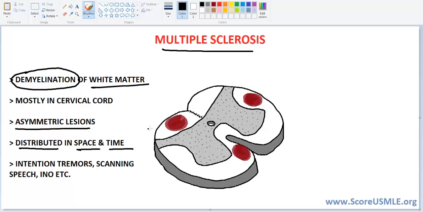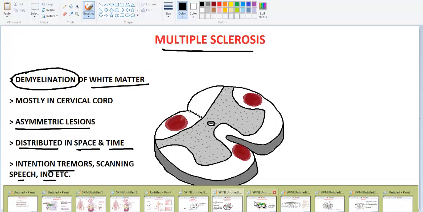Meaning to say that multiple sclerosis causes different demyelinating lesions in different locations of the central nervous system, and this happens over time, every time there's a flare-up. Other symptoms of multiple sclerosis include intention tremors, scanning speech, internuclear ophthalmoplegia, etc., which will be discussed in the detailed neuroanatomy lecture.